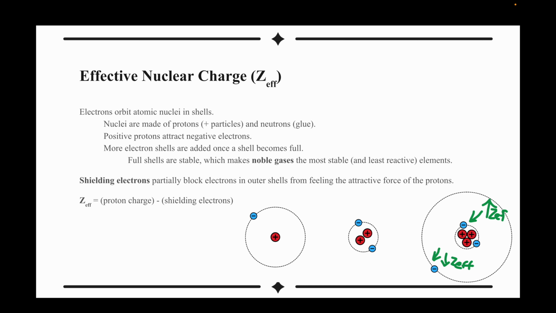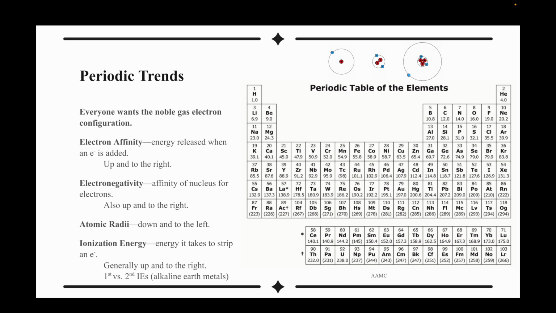And again, those inner electrons have a higher effective nuclear charge because there's no shielding electrons between them and the protons inside the nucleus. So keep this concept of effective nuclear charge in mind, and it'll make periodic trends really easy to understand. To remind us what we talked about on the last slide, as we go left to right on the table, we increase our atomic number. This will increase the number of protons.